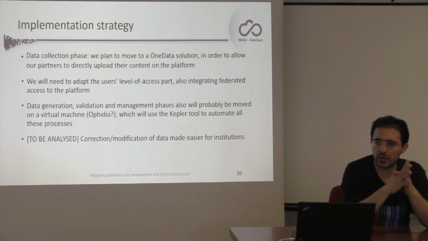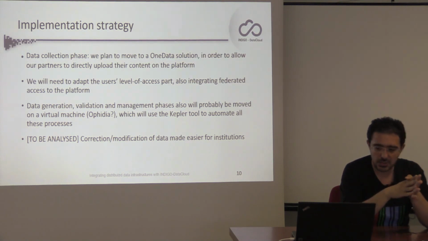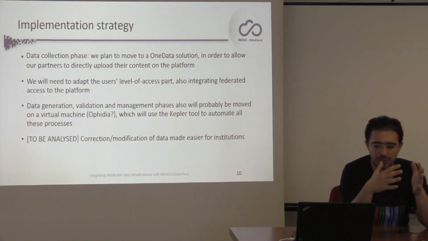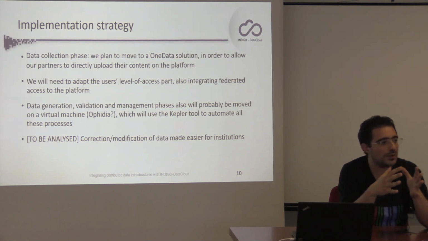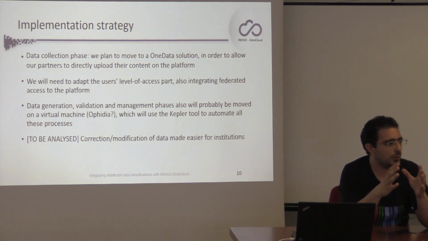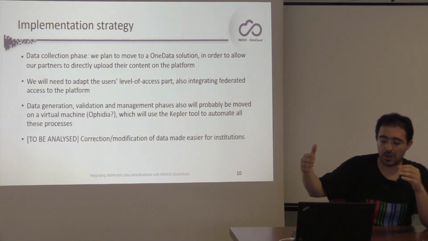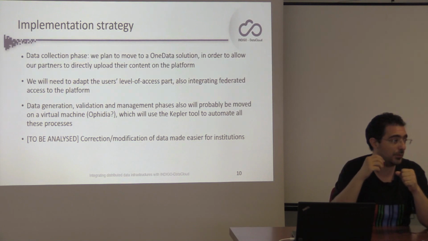We're thinking to integrate several of the solutions that we saw in the last days. So for the data collection phase, we are thinking about moving to OneData in order to allow our partners to directly upload their content on OneData, so that automatically after, probably using the Kepler tool.